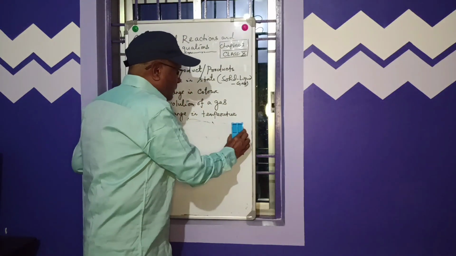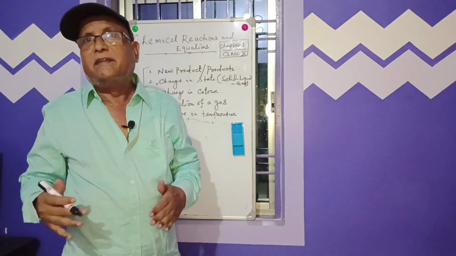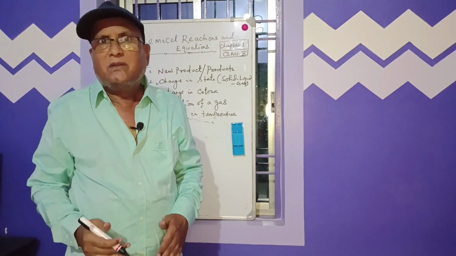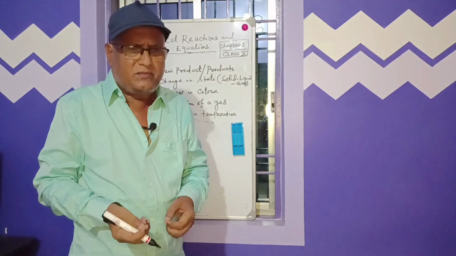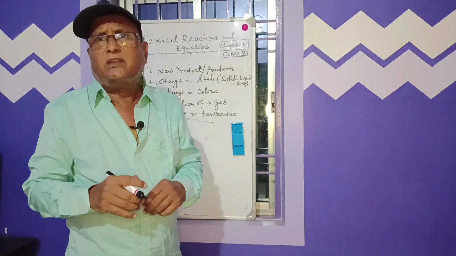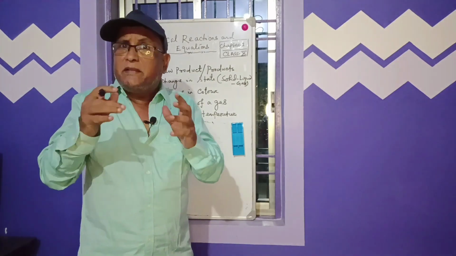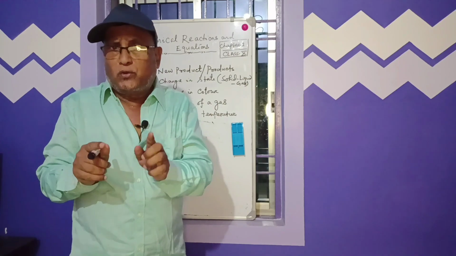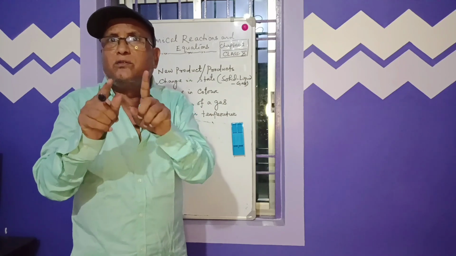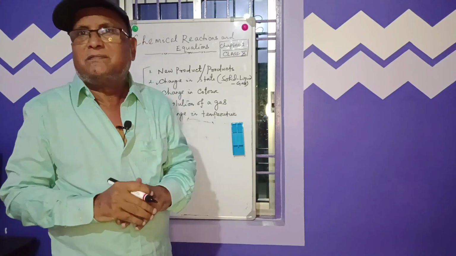So what do we observe? When the reaction takes place, we observe bubbles are formed in soap water, soap bubbles. And if we show a burning candle to the bubbles, they burn with a pop sound.